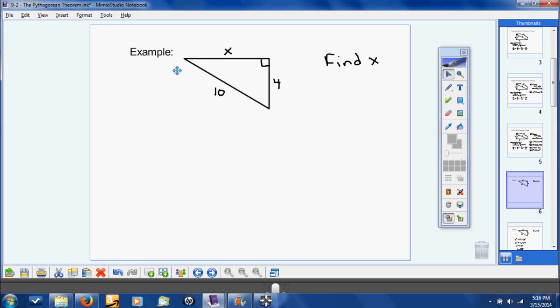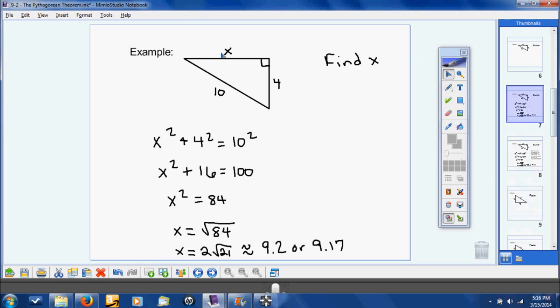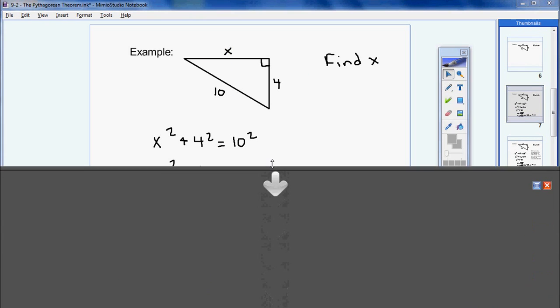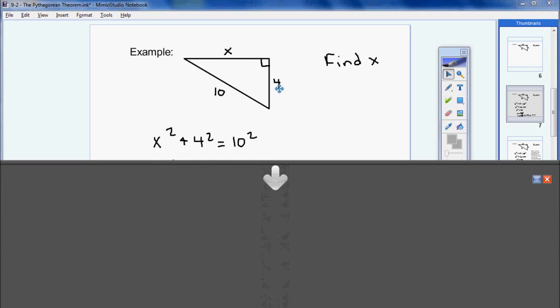Find x. So we know that in just such a scenario, it's leg squared plus leg squared equals hypotenuse squared.